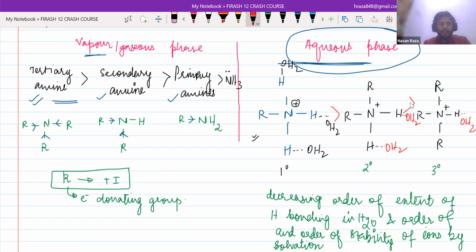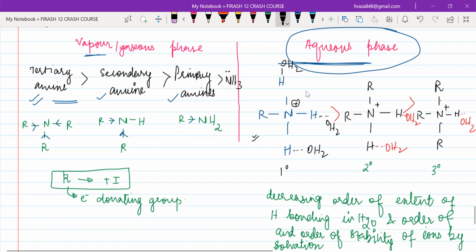Are you getting my point? In the same way, if you have a very stable conjugate acid, that means the base from which this conjugate acid comes is very, very basic. Is that clear?